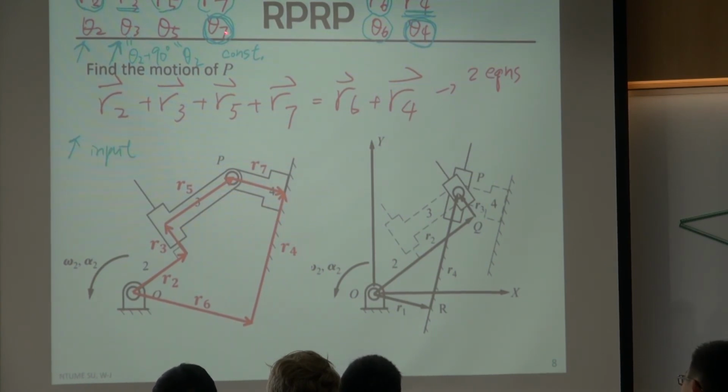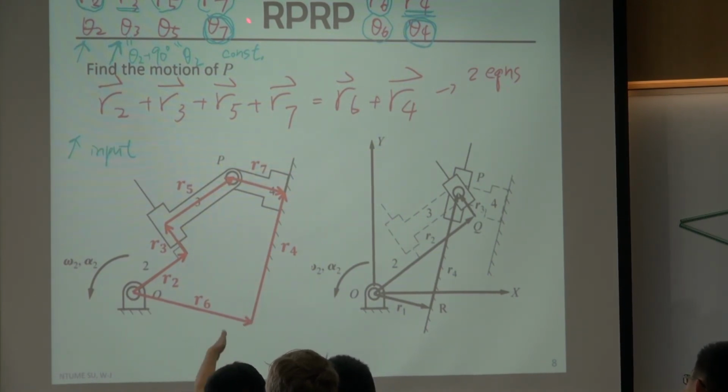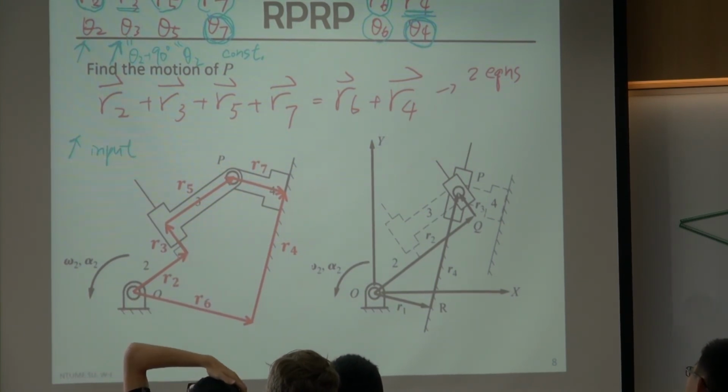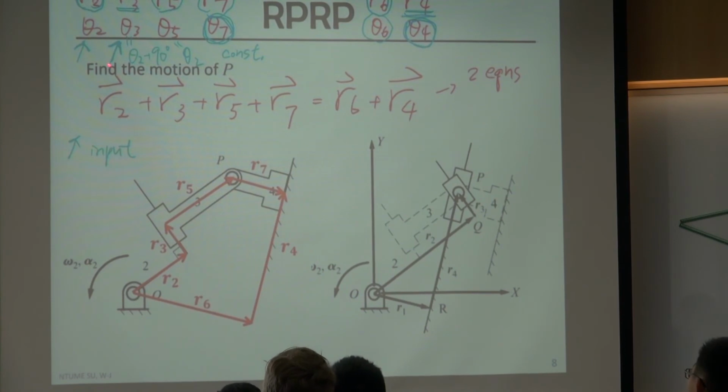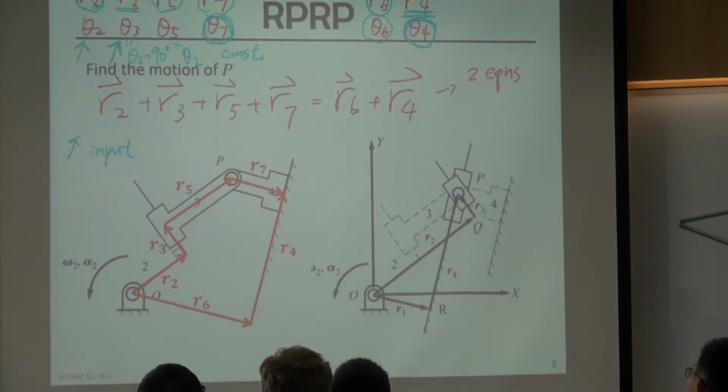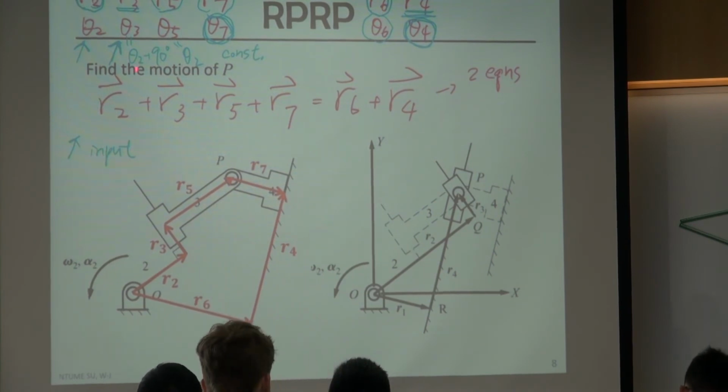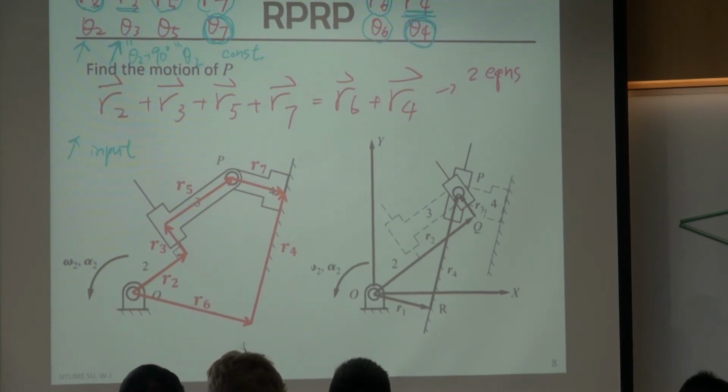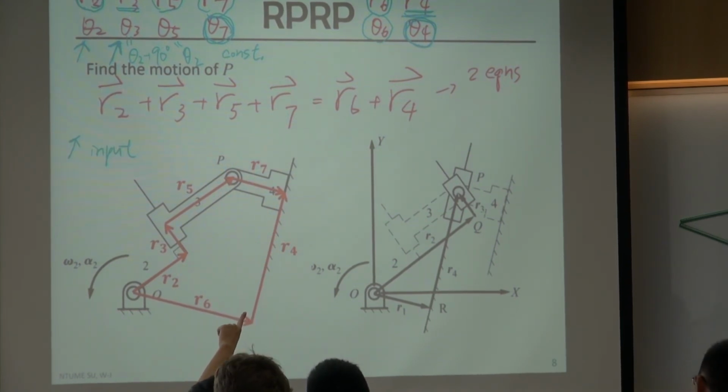Yeah, so only R3 and R4 are the unknowns we are trying to solve. You can simply obtain R3 once you know the input, and we know the input for sure because it's assigned by us. And also theta 5 is the same as theta 2. Any question for this one? I think it's working fine because we can solve it.